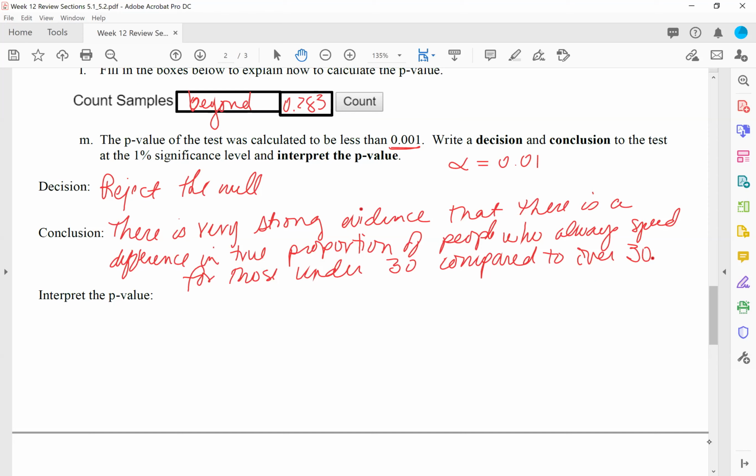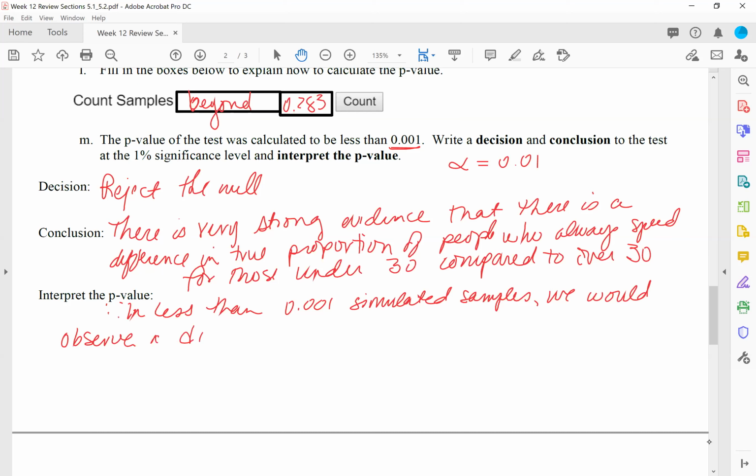So in less than 0.001 simulated samples, we would observe a difference in sample proportions of 0.284 or more extreme.